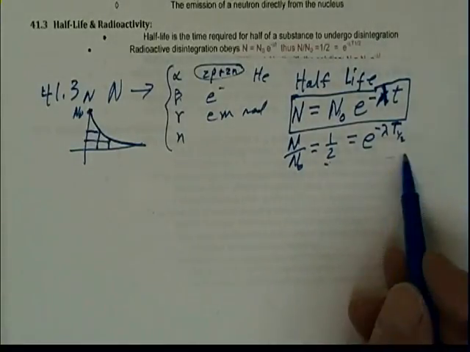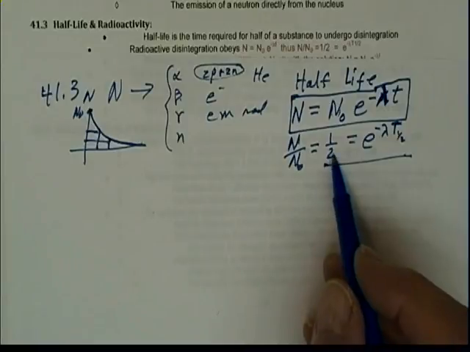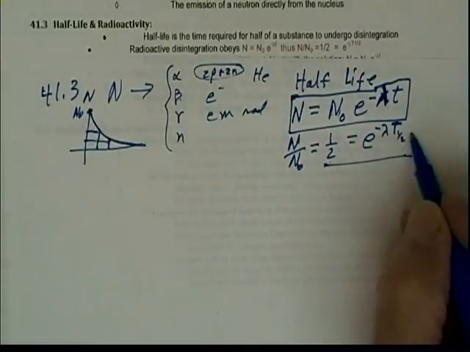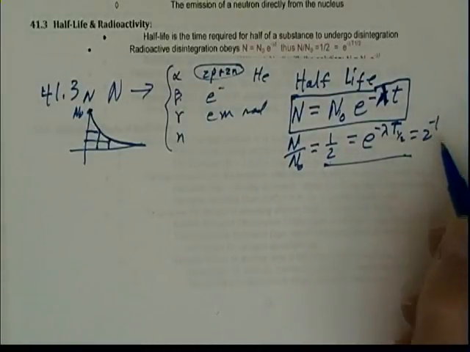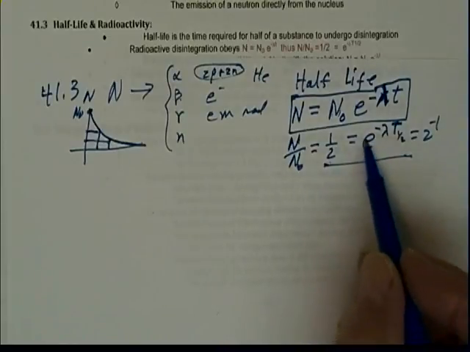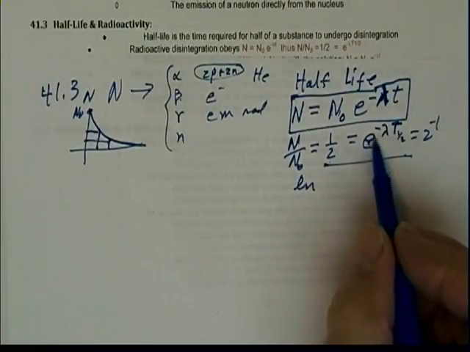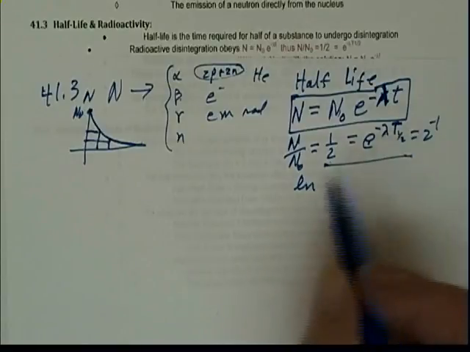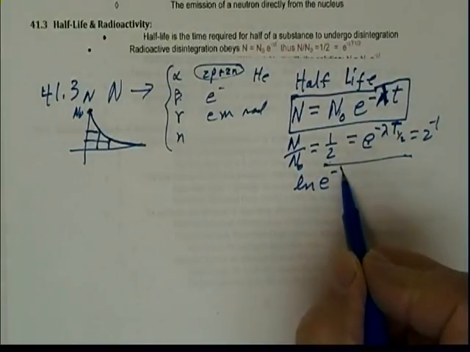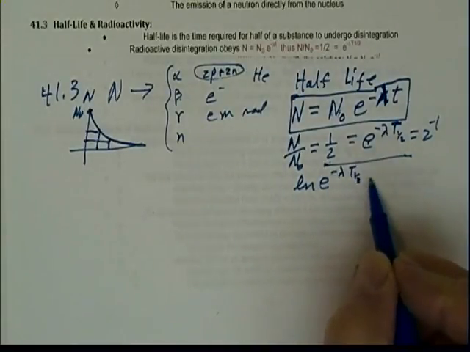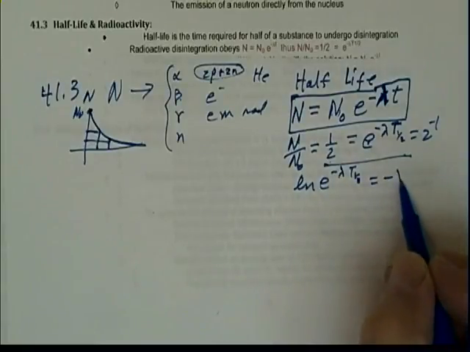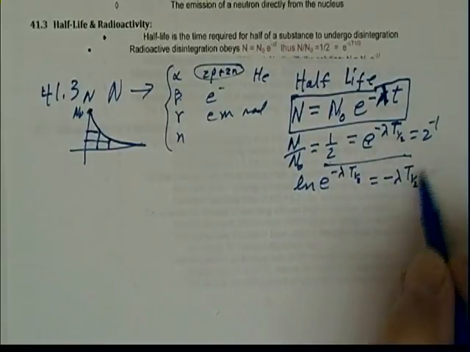Okay, can we solve this equation and find out what the half-life is? Well, this 1/2 is the same as 2 to the minus 1. And so now I can take the log of both sides. If I take the natural log, then the natural log of e to the minus lambda t 1/2 is exactly minus lambda t 1/2.